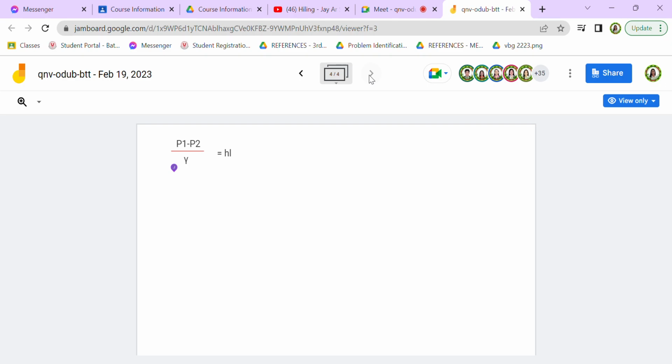So 689.3 minus 516.9 kilonewton per meter squared divided by 9.81 kilonewton per cubic meter.